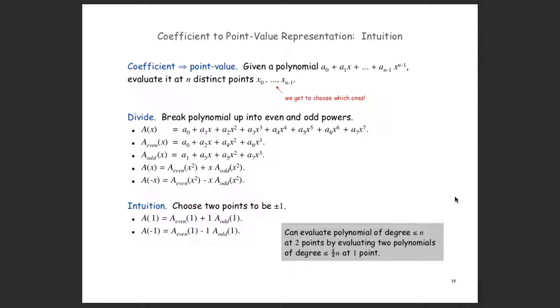My divide could be to break the polynomial into even and odd powers. And that basically gives me, right? Half of the coefficients.